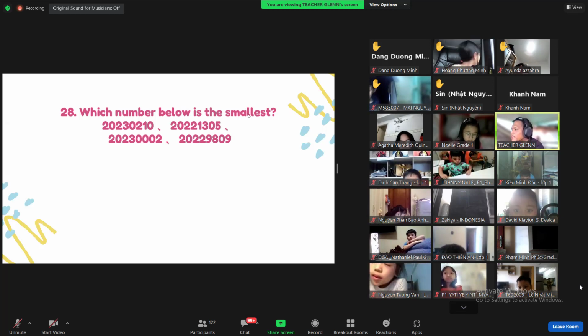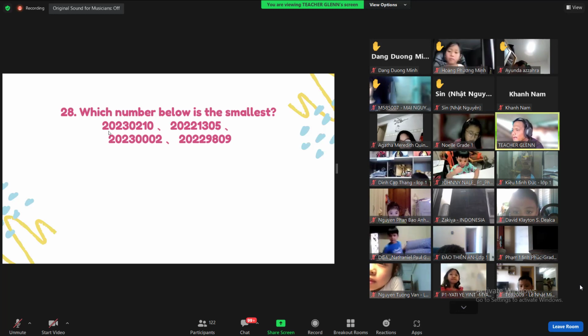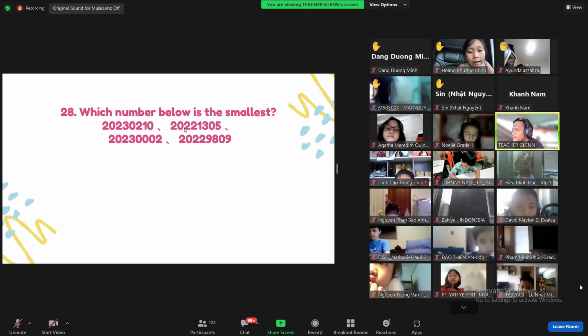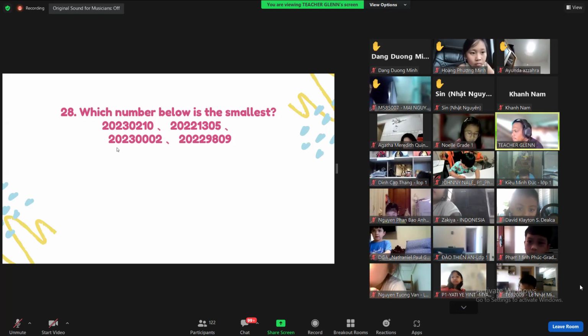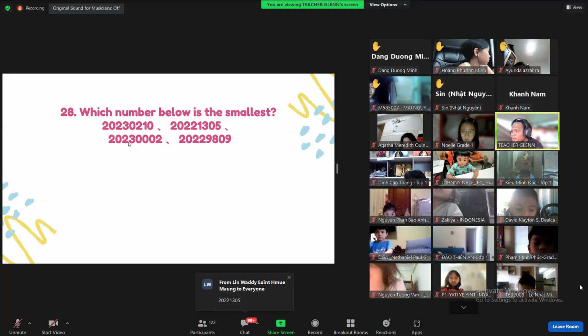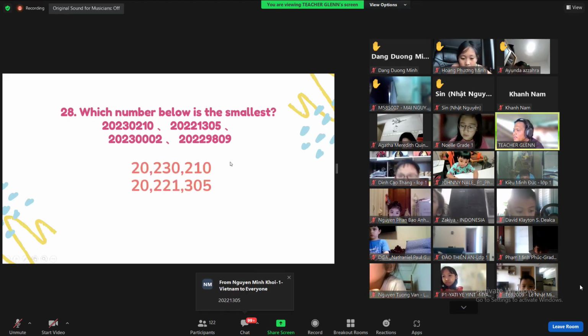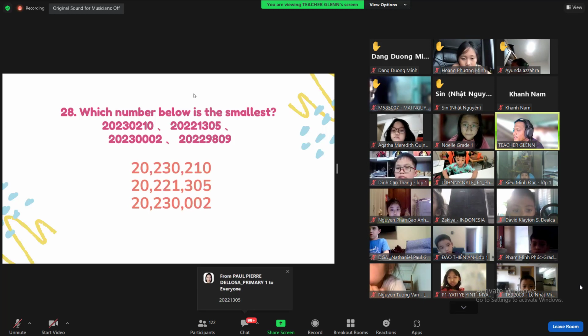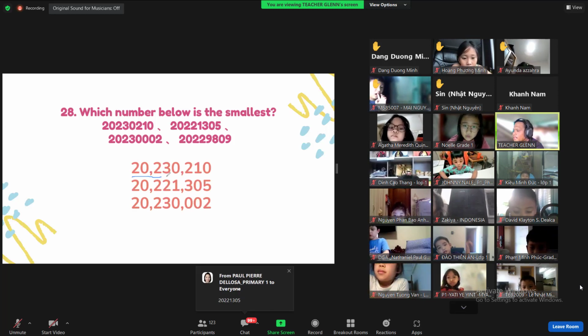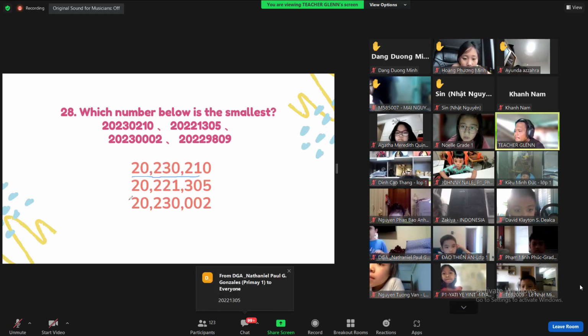Which number below is the smallest? You have 20230210. We have 20211305. Next is 20230002. And finally 20220809. So what we're going to do is arrange them like this.